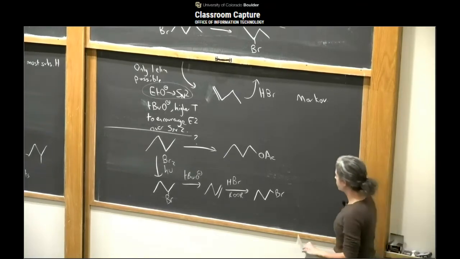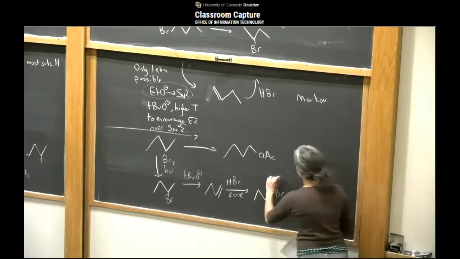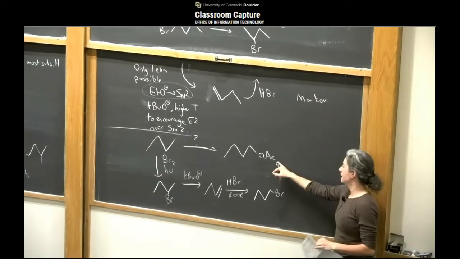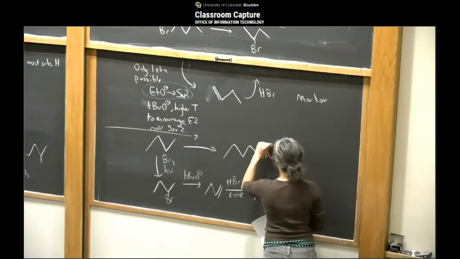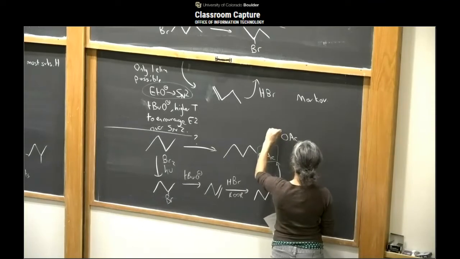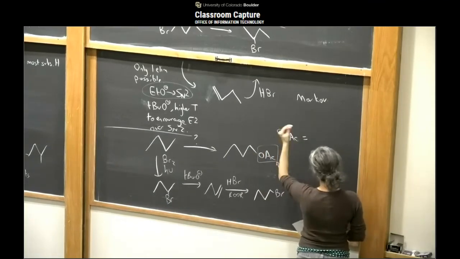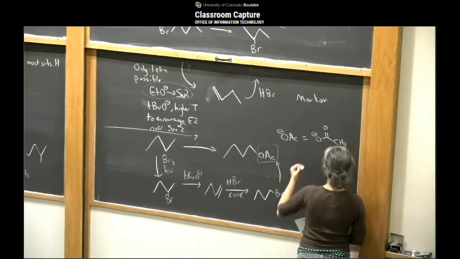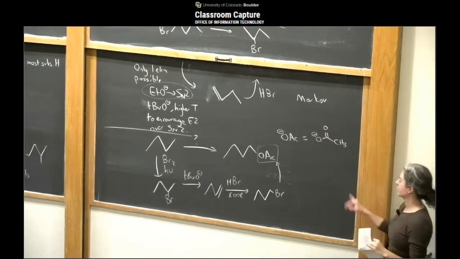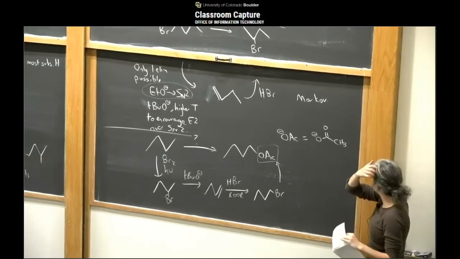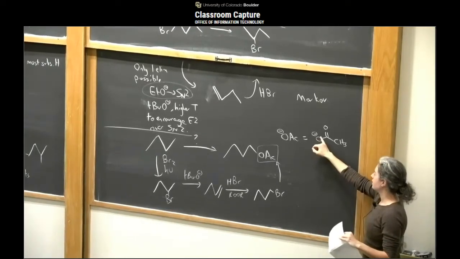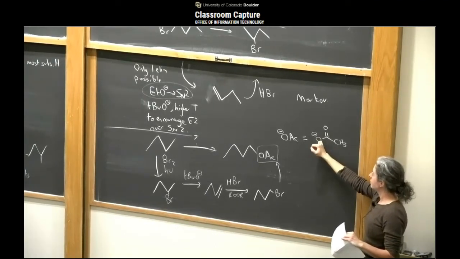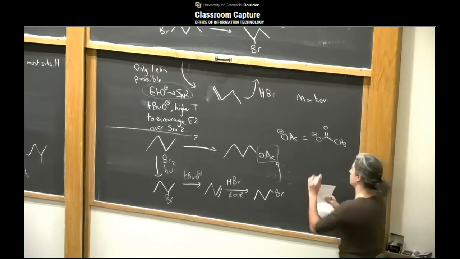Okay, so we got the bromine on there, and then swapping that out for any other group, as long as that other group, OAc minus, you might remember looks like this, or you can go look up what that looks like, but this is going to be a weak base and a poor nucleophile.